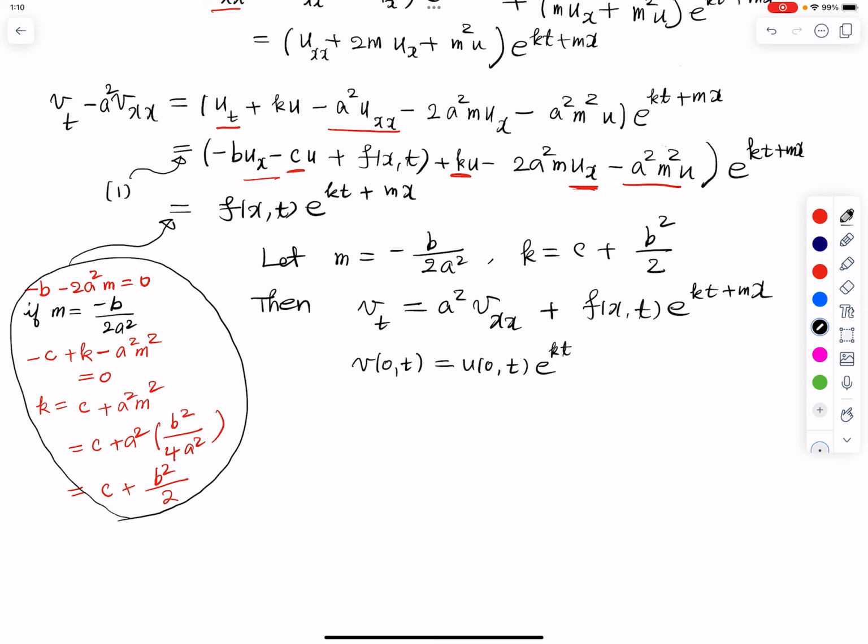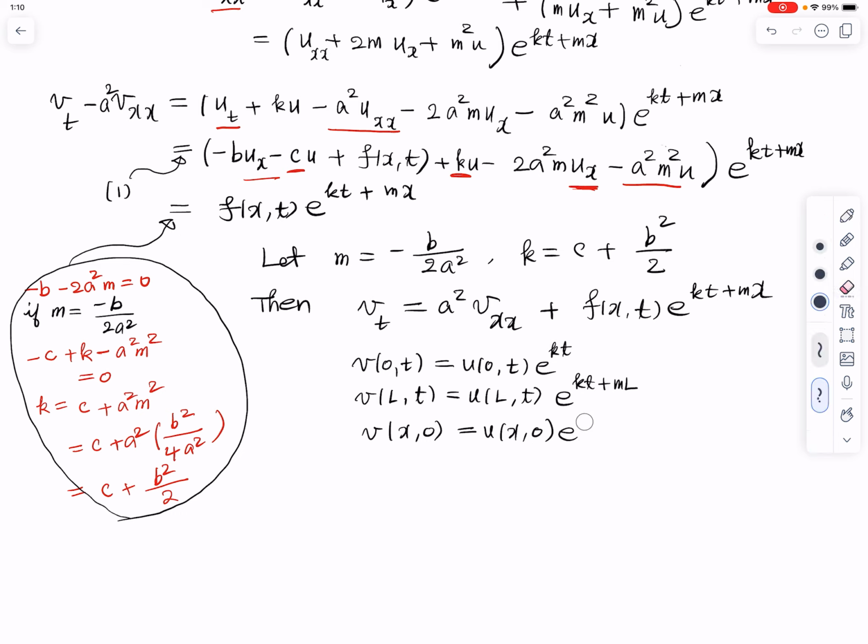And v at l,t becomes u lt exponential kt plus ml. And then v x0 equals also u x0 e to the mx.